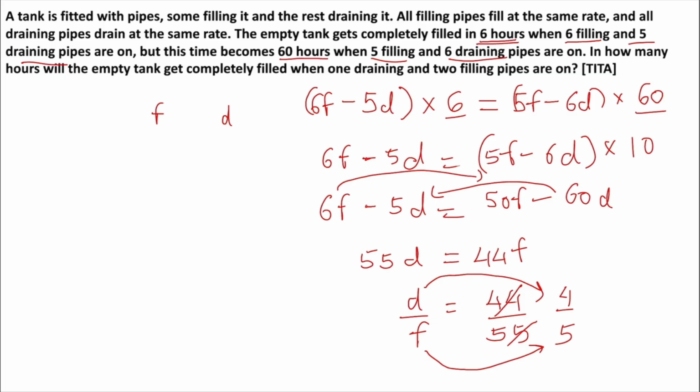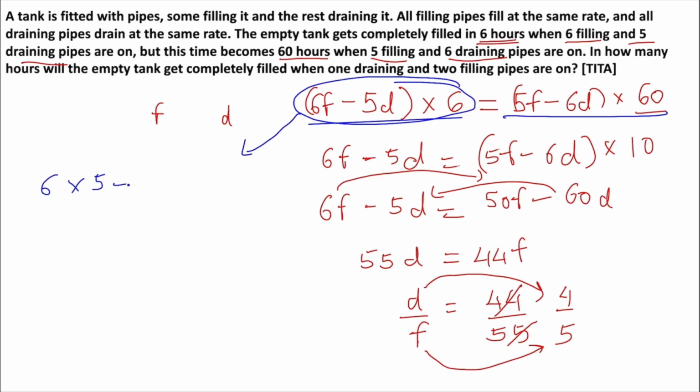So just like in the humans and robot question we have seen in this slot earlier, we substitute the value of D as 4 and F as 5 in either of these two given expressions. For simplicity, I will select this expression. The total work done will be 6 into F, meaning 6 into 5, minus 5 into D, which is 4, into 6.